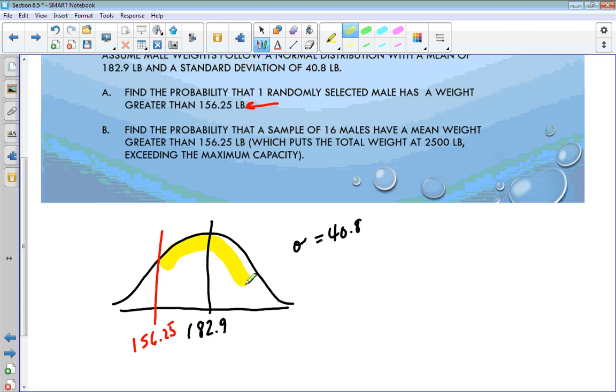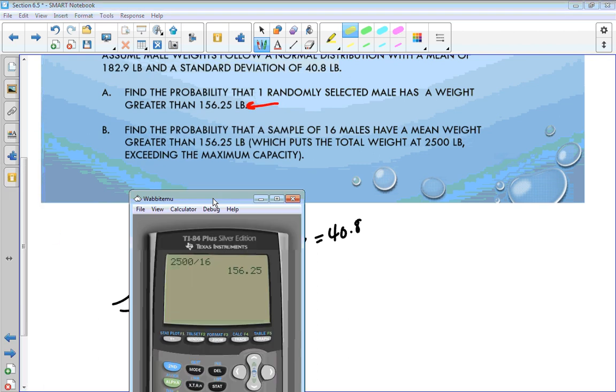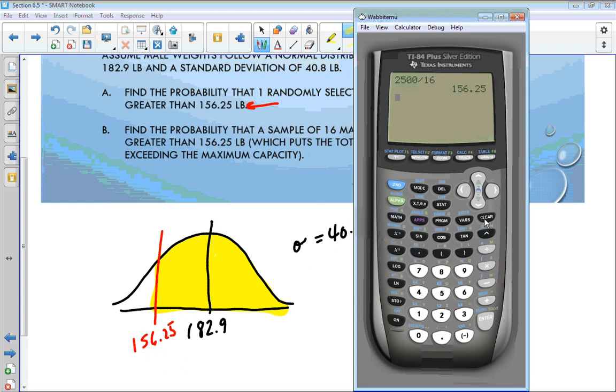So the part that I'm looking for is this. Of course, we can find our z-score and look at the table. There's so many things that we could try to do, but we know how to do this on our calculator. This is a normal distribution.